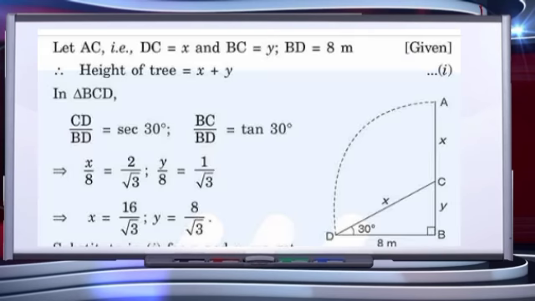So students, as you can see here, that complete AB is our tree. So let us consider its height as x plus y. So from this point C, due to storm, it bends, and that bending will become the hypotenuse for our triangle, and the point where its top touches the ground is at a distance of 8 meters from its foot, that is foot of the tree.